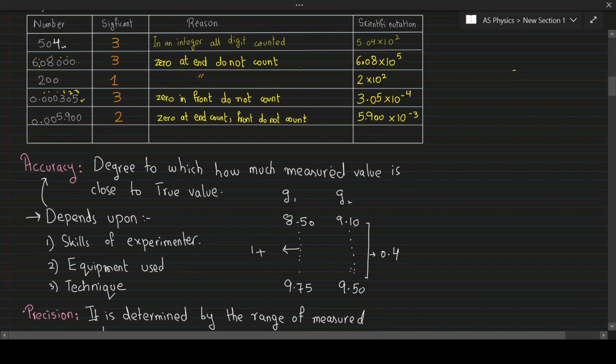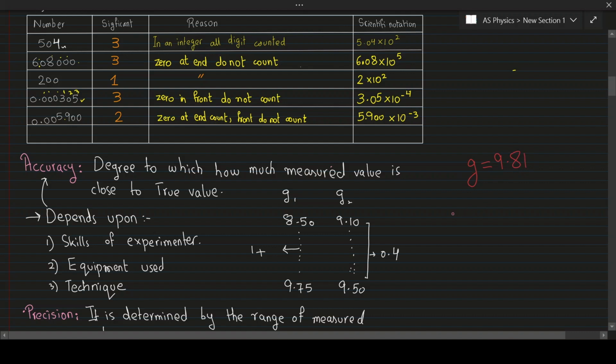Now what is accuracy? Accuracy is degree to which how much measured value is close to the true value. Like if we are measuring a value of g that is 9.8, we know that.